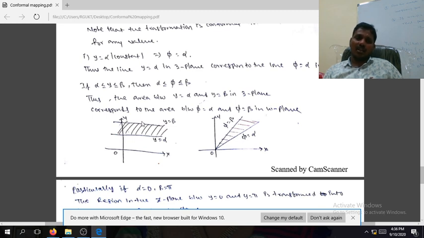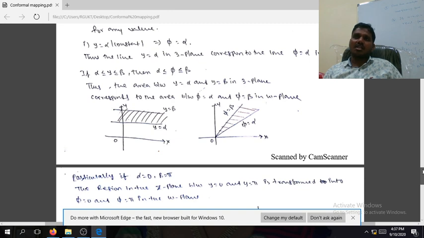Here the input is different, and the output image is different under the mapping w is equal to e to the power of z. Is it clear? Here it is a horizontal strip, and here it is between phi is equal to alpha and phi is equal to beta. If I take alpha is equal to 0, beta is equal to pi.